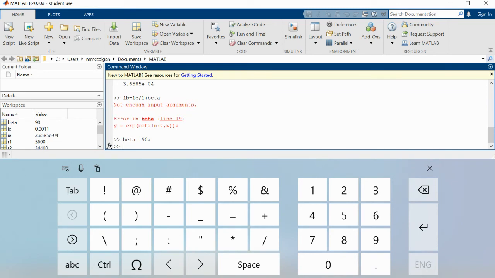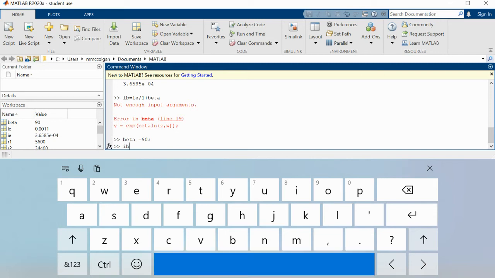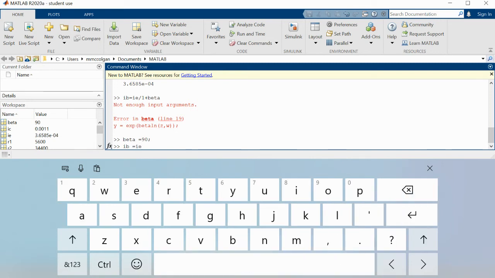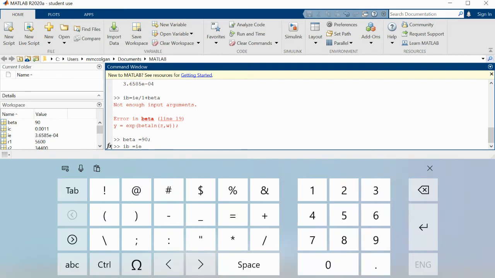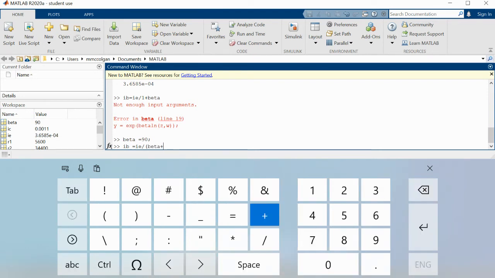And now IB is equal to IE divided by beta plus 1.